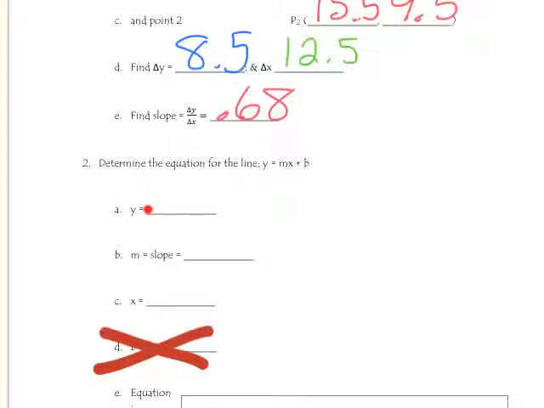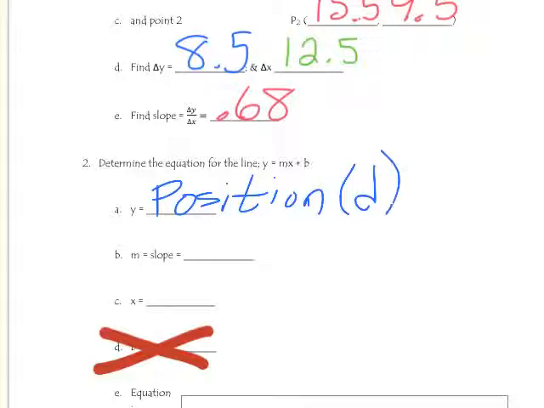When we did this, looking back at the other graph, y represented position. So we're going to write down here position, or a better way of saying it would be d, or distance. Our slope represented a change in position over change in time.